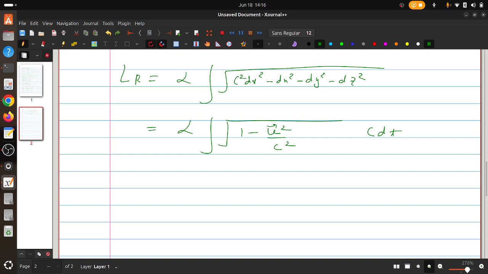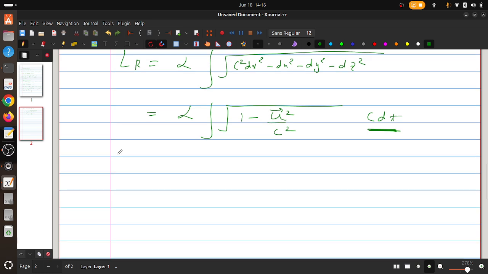Let us just call it u instead of v, because that's how we have used the notation earlier as well. So it would be the square root of 1 minus u squared by c squared, times c dt, right?